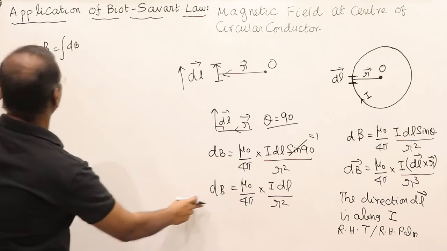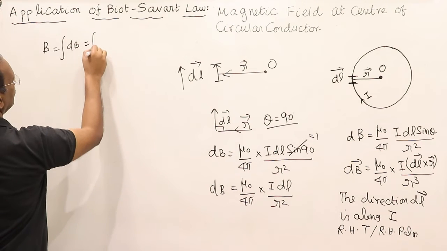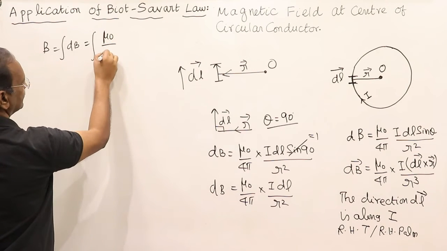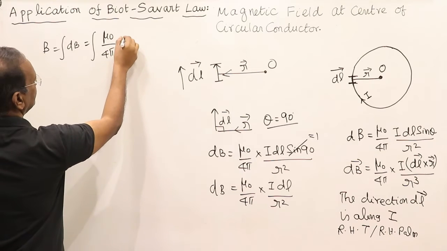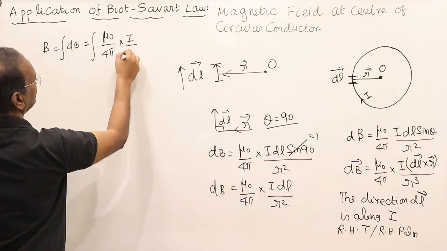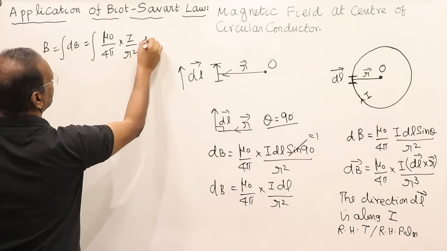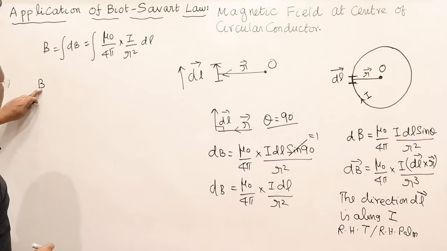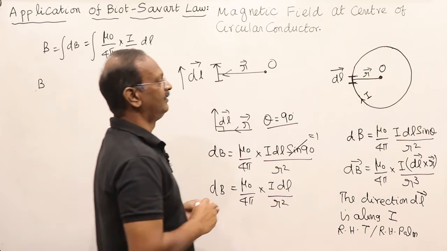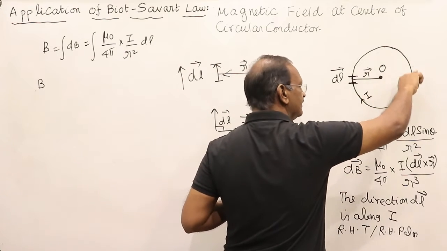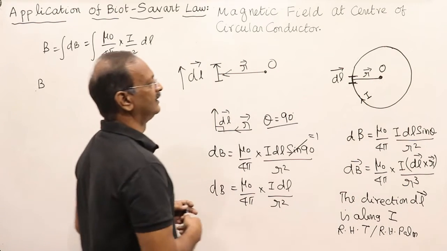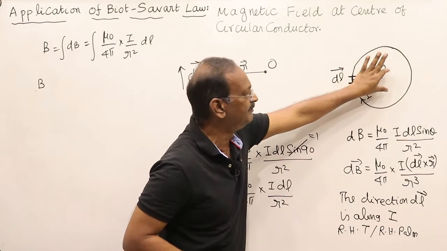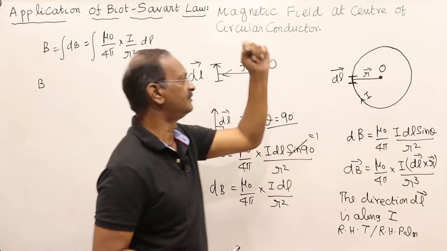On integration this will become B, so we have to integrate the right hand side also, mu naught by 4 pi into I divided by r square into dl, where B is the total magnetic field produced at O due to this entire portion of the conductor, and dB is how much magnetic field this element is producing at this point.